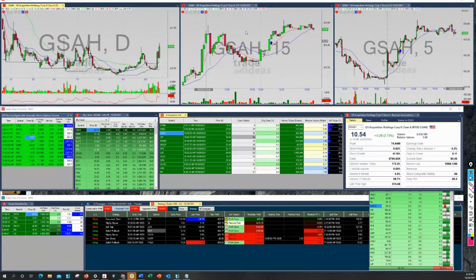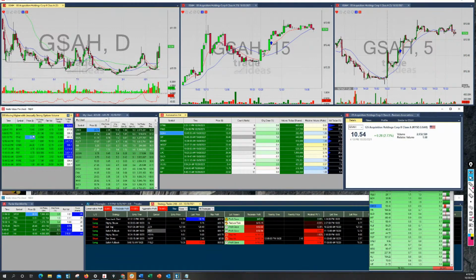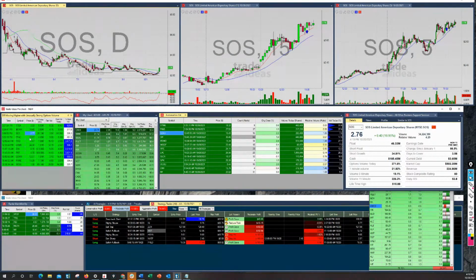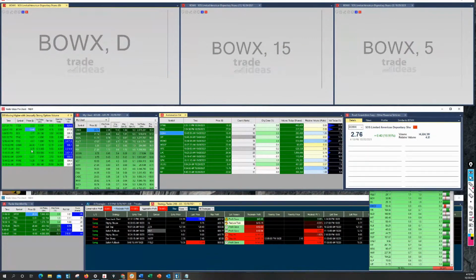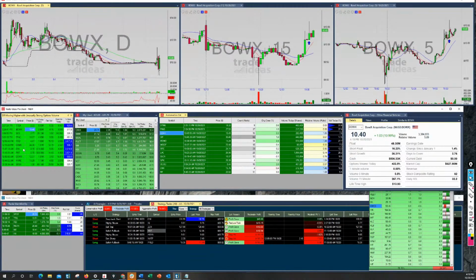So there's things to note. Stocks have personalities. Not all do, but a lot do. SOS, I don't think there's anything to write home to mom about there. Nope, not whatsoever. And these later alerts usually don't equal anything from Barry's window, to be quite honest. And same thing here. Another acquisition company, but you never know with these SPACs.